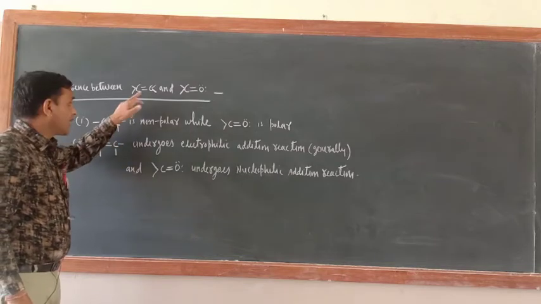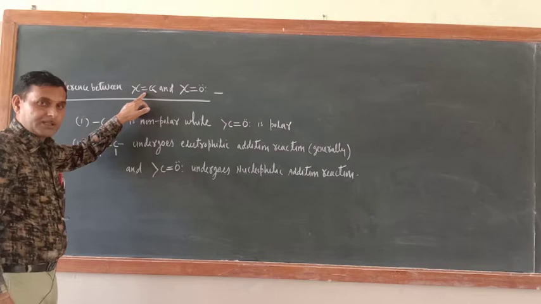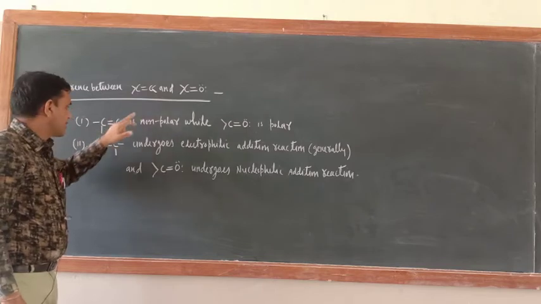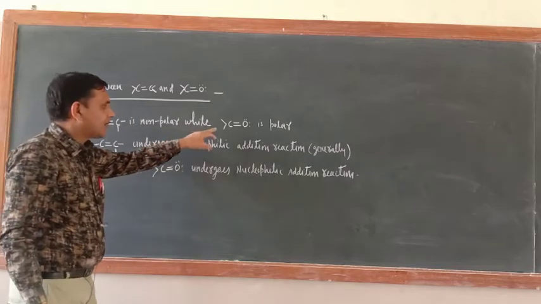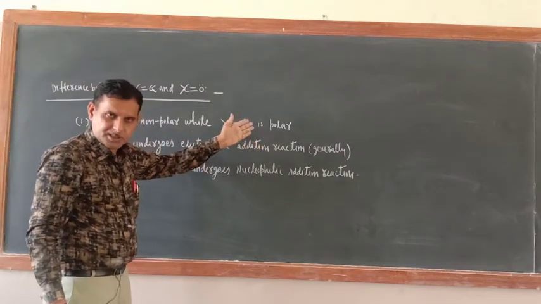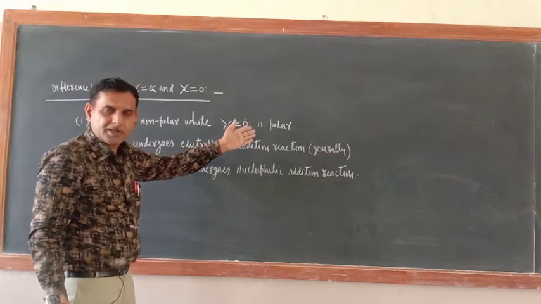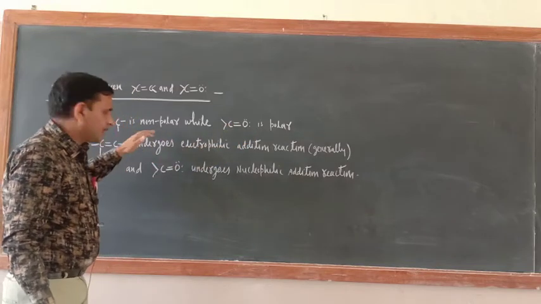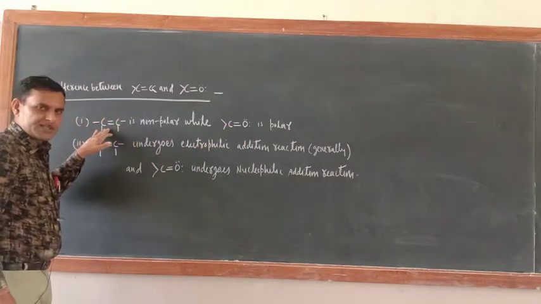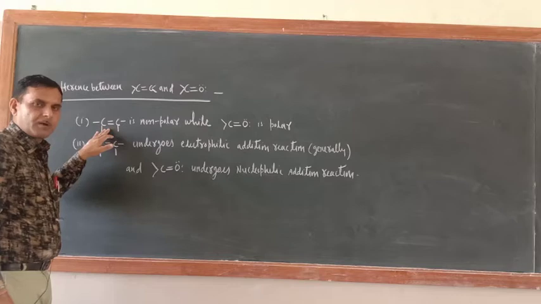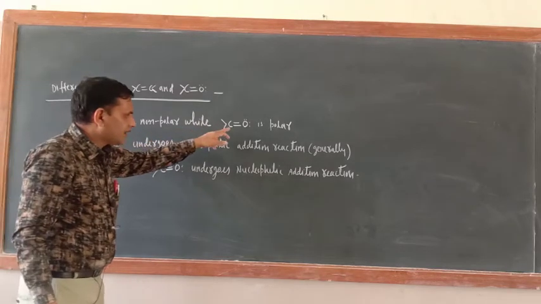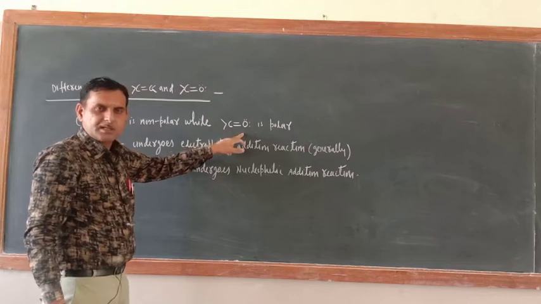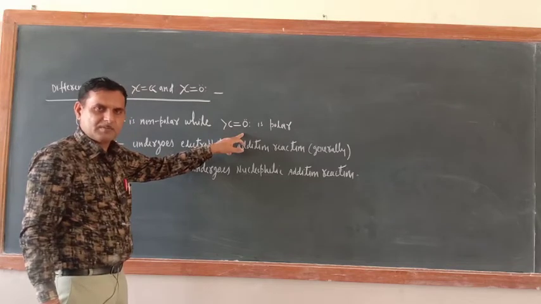They are rich in terms of electrons, because a pi electron is there. So the carbon-carbon double bond is non-polar, while C double bond O is polar. Just now I explained the meaning of polarity. There is no electronegativity difference in the carbon-carbon double bond, because both bonded atoms are carbon only. Here the carbon-oxygen electronegativity difference is there, that is why this is polar.